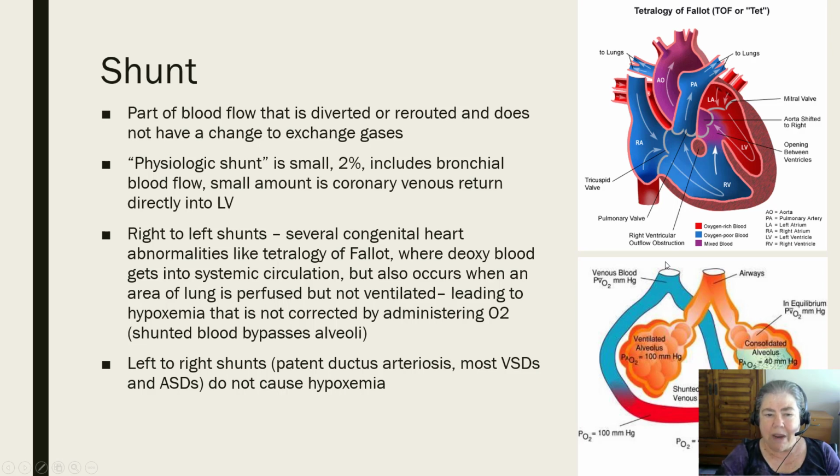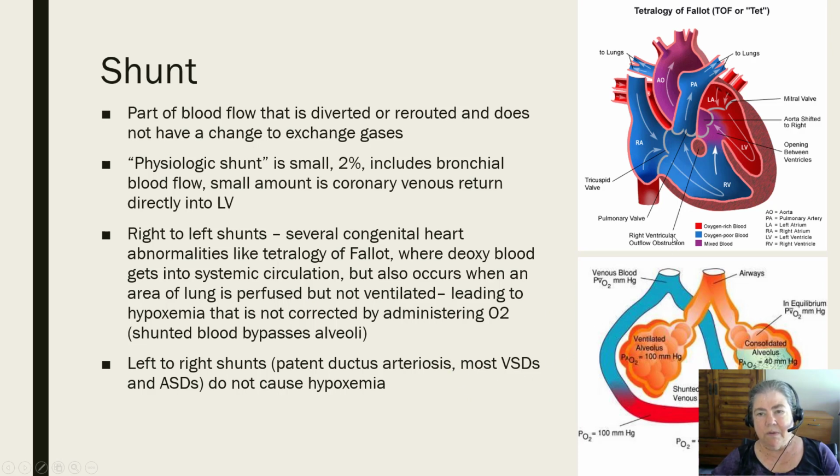There are left to right shunts in which blood is moving from the oxygenated side to the deoxygenated side. So something called patent ductus arteriosus, which is a congenital issue where a duct that bypasses the lungs during fetal development doesn't close, and blood now getting pumped out of the left side is getting pumped back into the right side because pressures are higher on the left than on the right.